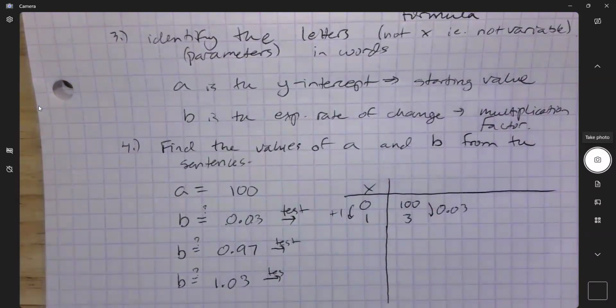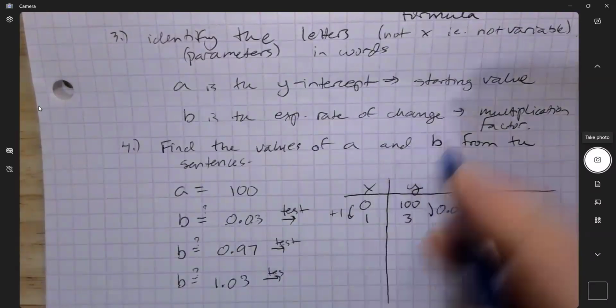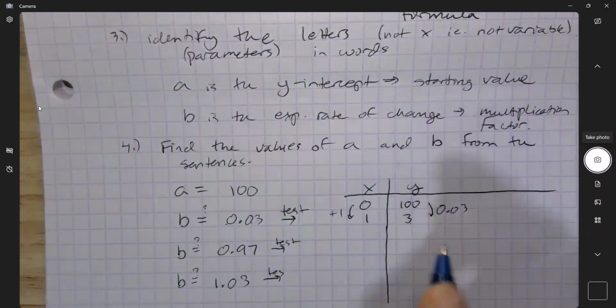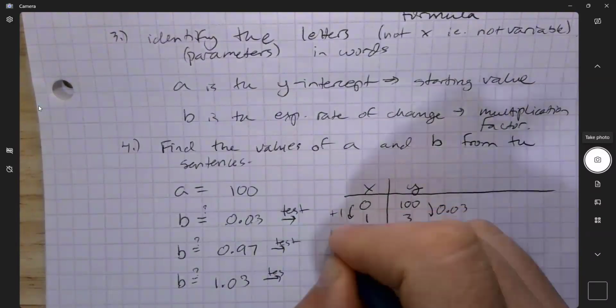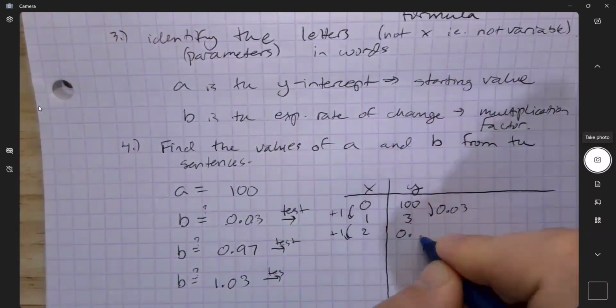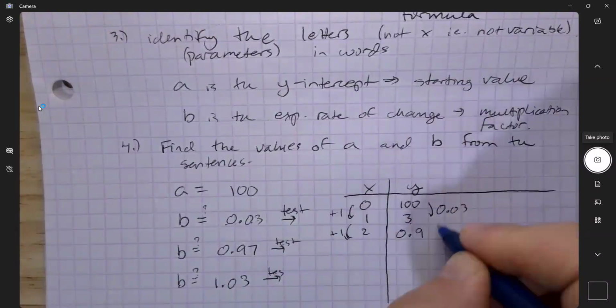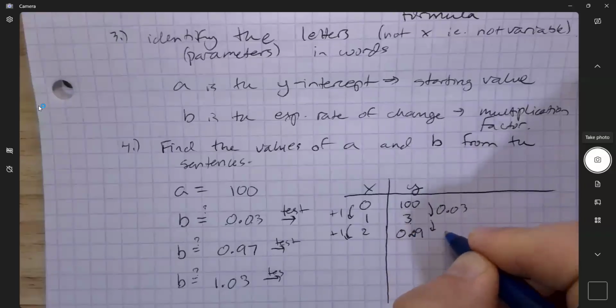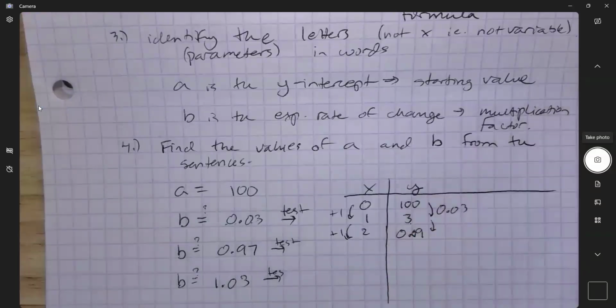That's not good. That would say after a year, I have $3. And after 2 years, I'd have 0.09. I'd have 9 cents after 2 years in my savings account.